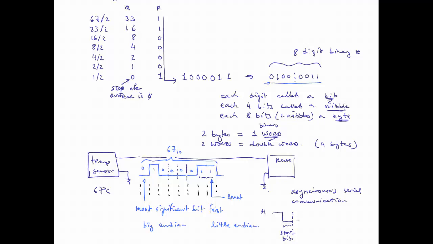And then after that you send the 8 bits of data, and then at the end you always have what's called a stop bit, and the stop bit is always high. So that way there's a scheme. By doing that, you can always synchronize the receiver and the sender.